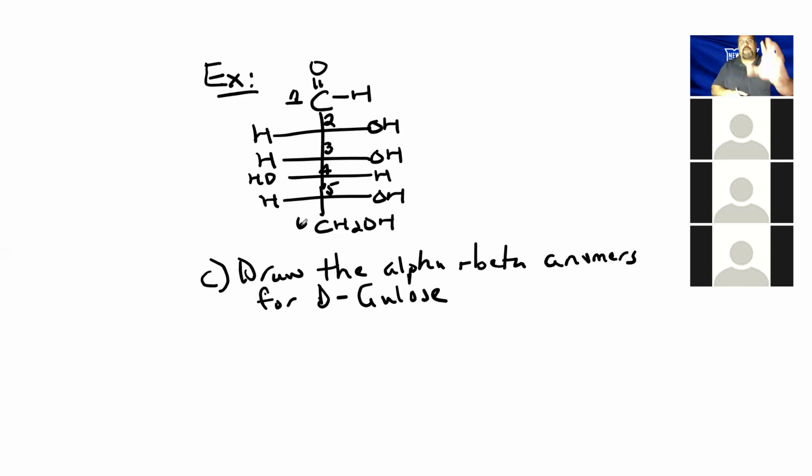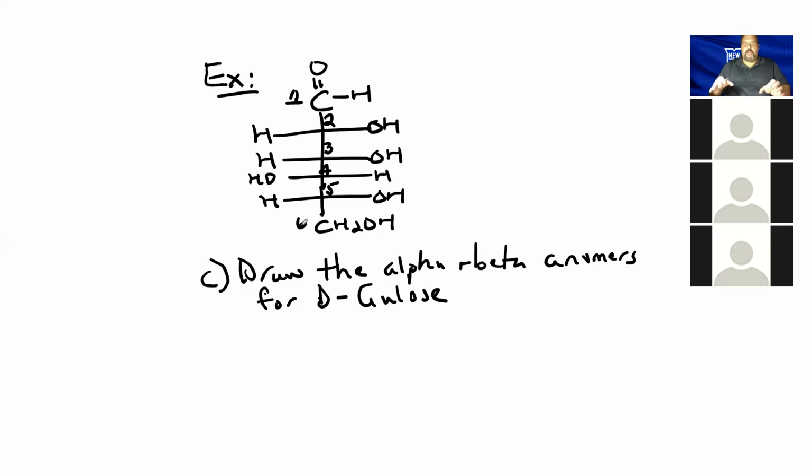When you go from a Fischer projection to a Haworth structure, instead of having left and right off of the chiral carbons, when these carbons become part of a ring, we have up and down coming off those carbons. And remember, there's a direct correlation between left and right and up and down.